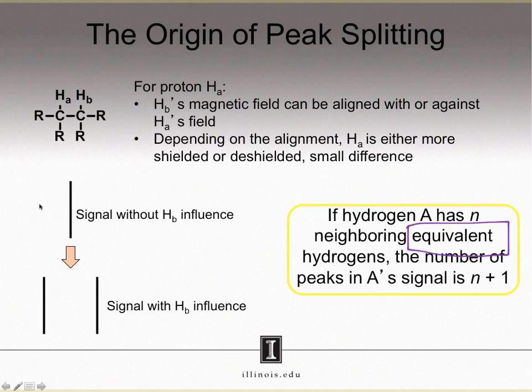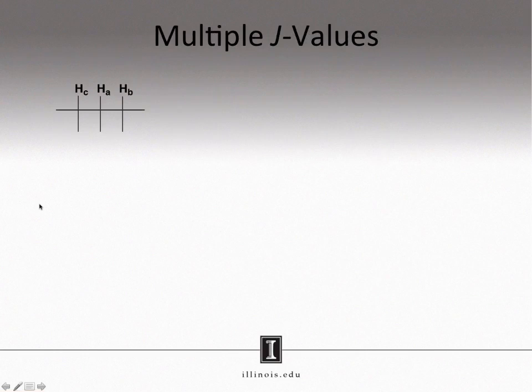Unfortunately, not all protons are simple aliphatic protons. Consider a situation where we have two protons, HB and HC, splitting proton A. Now consider what would happen if HB and HC are different types of protons. What should we see for the signal for HA?